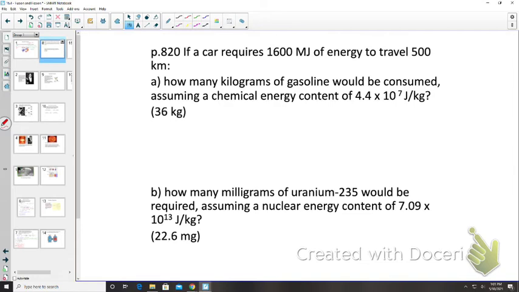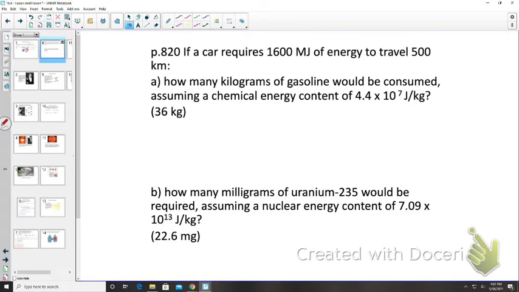Okay, so this question here is a little bit different, so don't try to solve it with E is equal to mc squared. Because in this case we know the energy to mass content of our fuel.